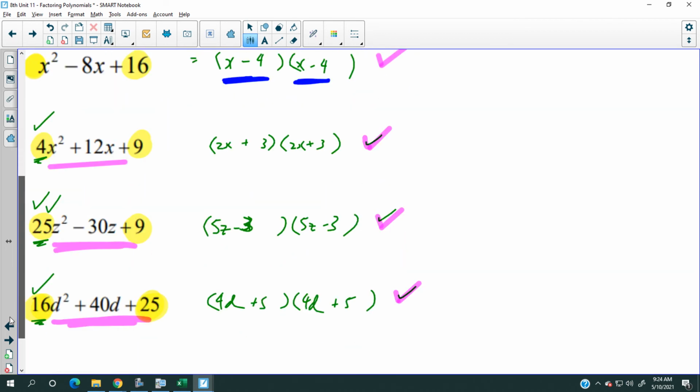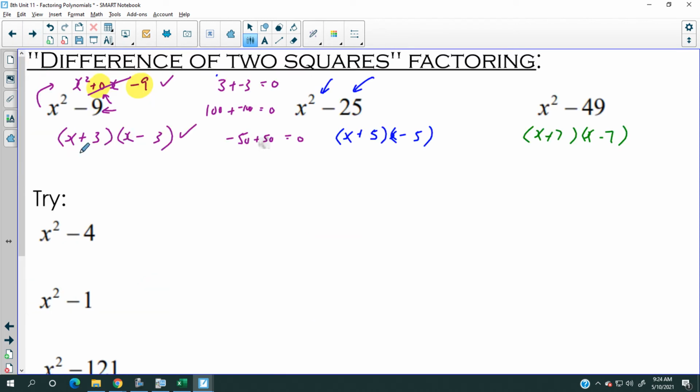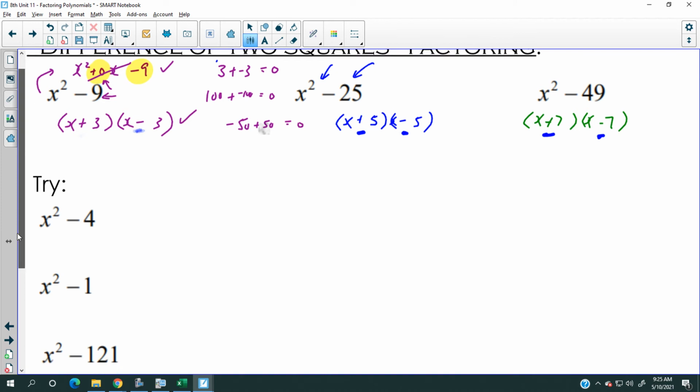Even down here with these more difficult ones, right? Same, same, same. On the other hand, questions like this are almost the same except for the sign in the middle. Have you noticed? They have opposite signs. And that's it. That's the difference between case 1 and case 2.